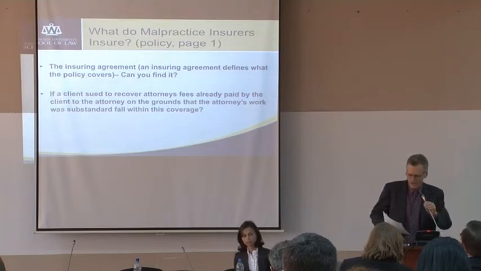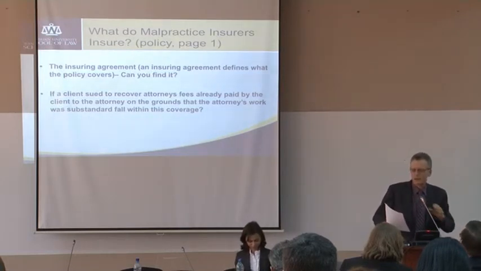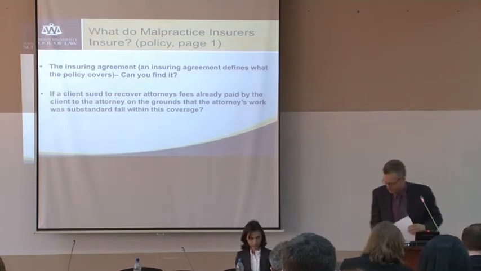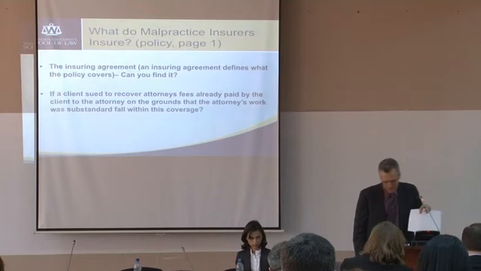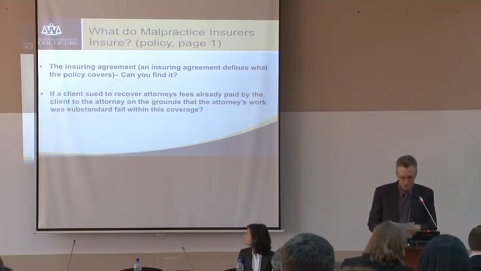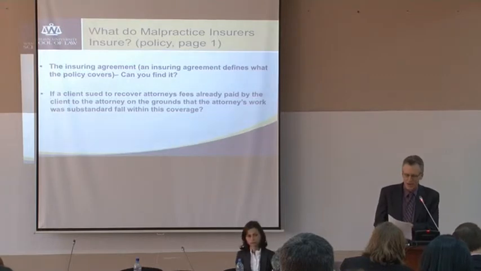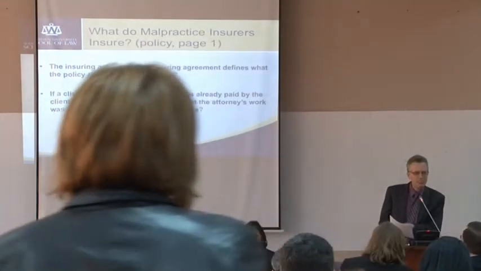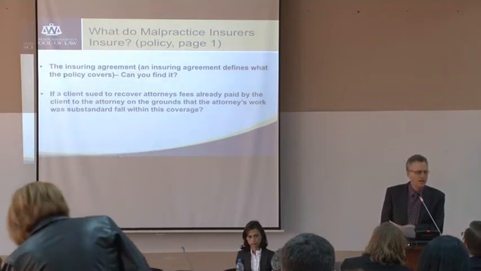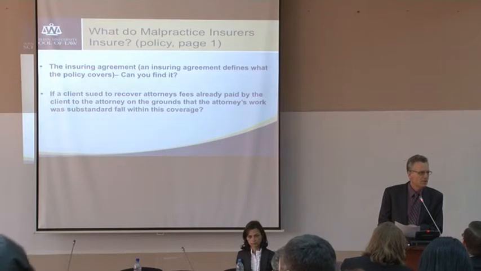If you look at this first page, provision 1 is the insuring agreement. I'll give you a moment to look at it. There's a few things that I want you to notice immediately. If you look in the second line in bold print, this is a policy that covers claims.